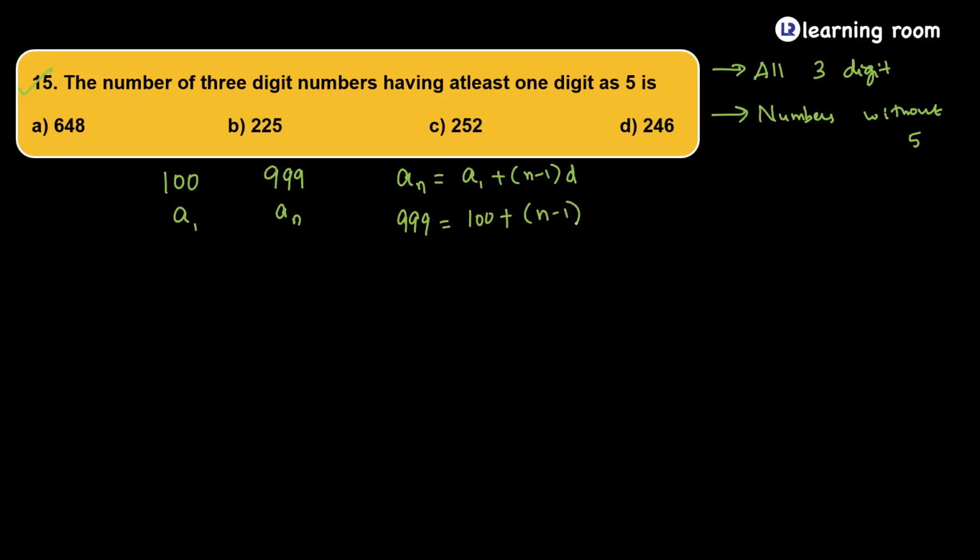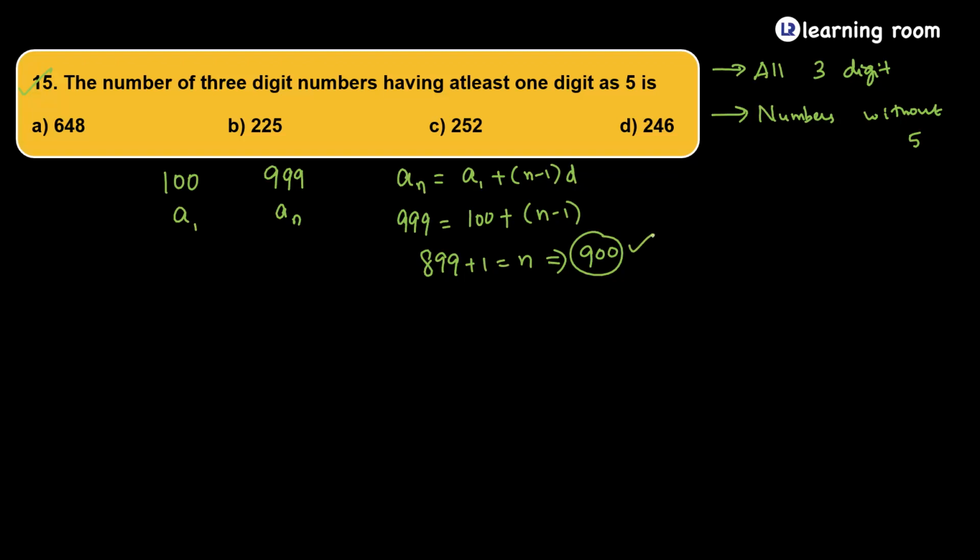So 999 minus 100 is 899. So 899 plus 1 gives you the number of terms, which will be 900. So there are totally 900 3-digit numbers. Did you understand this logic?